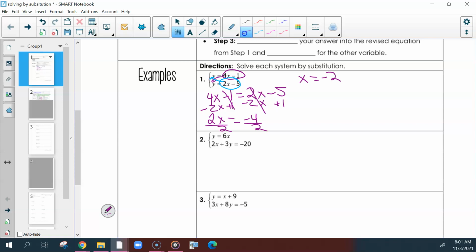Once I have one of the variables, I can put that back into one of the equations. It does not matter which. I'm going to put it back into both to show you that both would work, but you don't need to do that. You can just pick one. Okay, y equals 4 times negative 2 minus 1, or y equals 2 times negative 2 minus 1. So don't do both, pick one, and figure out what y is.